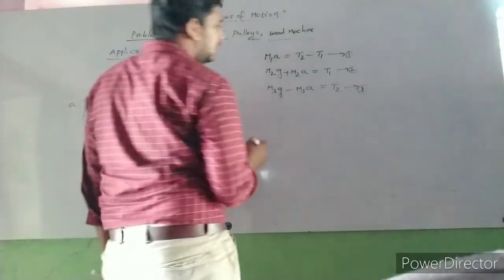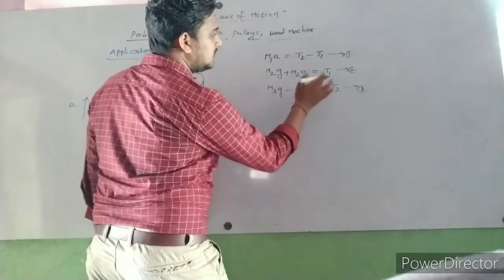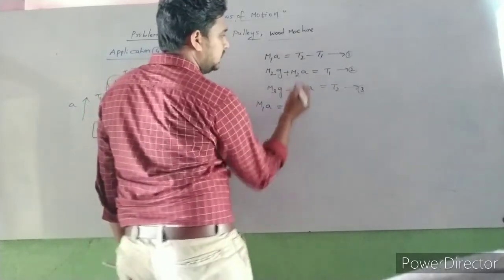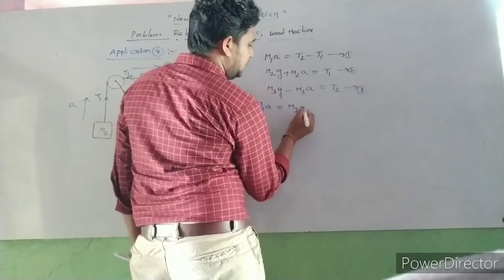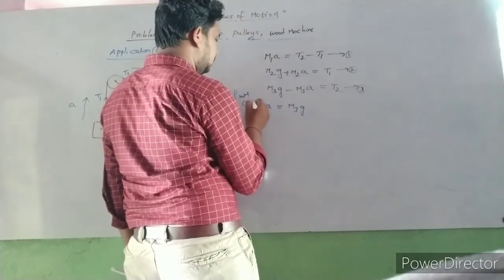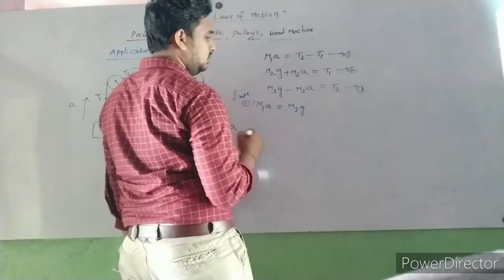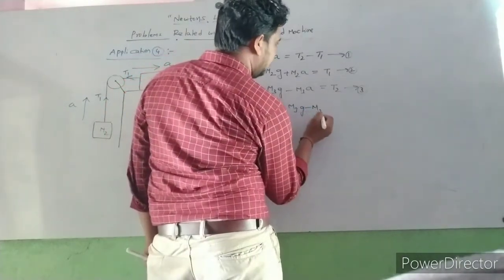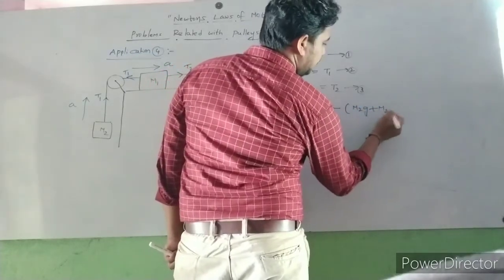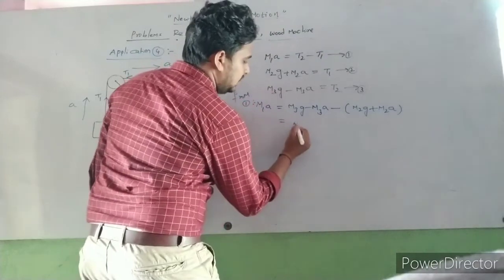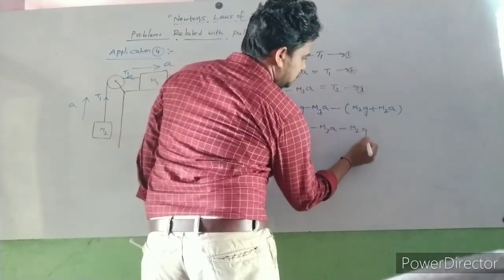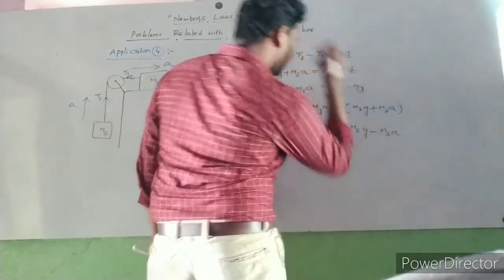So how do we solve here? Simple thing: substitute the T1 and T2 values into equation 1. M1A is equal to T2 value, which is M3G minus M3A, minus T1 value, which is M2G plus M2A. So M1A is equal to M3G minus M3A minus M2G minus M2A.